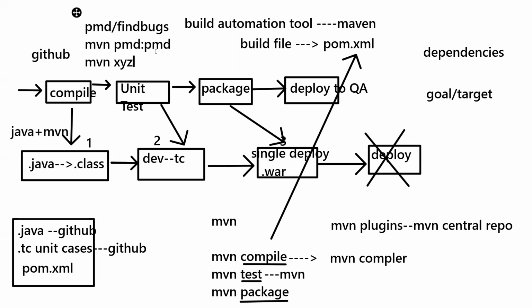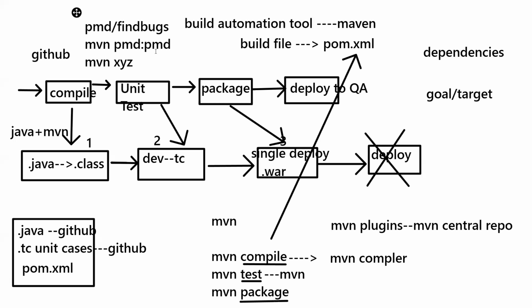We were just talking about how you want to execute different phases on your project, like compiling, testing, packaging, cleaning, or code review kind of things. For that, you will use a build automation tool. Build automation tool commands will have goals. Those goals are targets, depending on the plugins used.